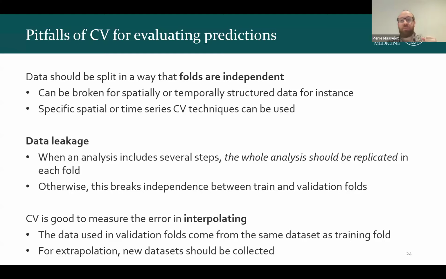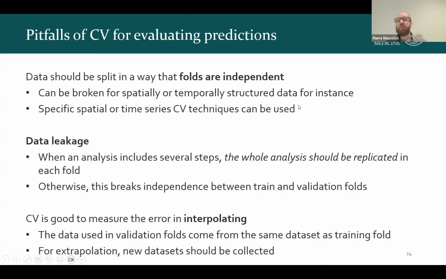Because if they are not independent, some information from the test set leaks into your training, and you end up with a measure of error that is too optimistic. This is something that can be an issue when your data are structured spatially or temporally. For instance, if you do geostatistics or you have time series, this can be broken.